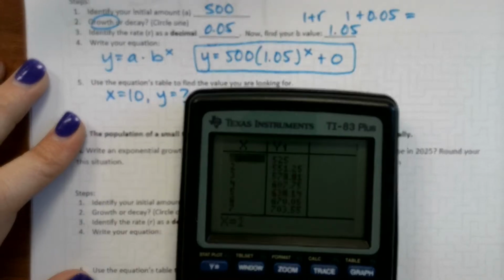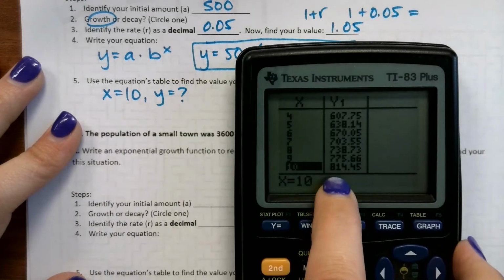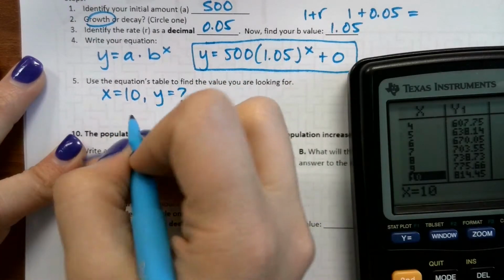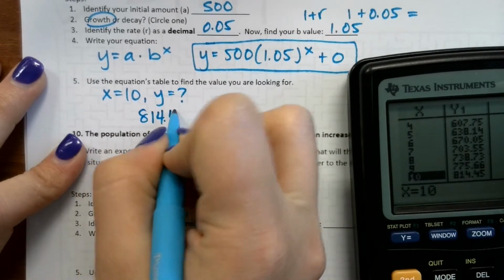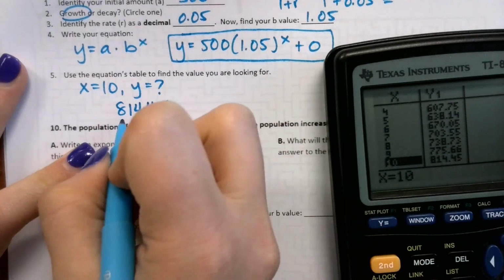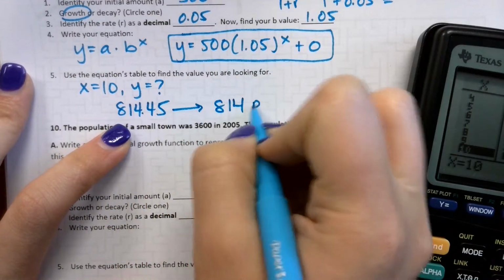Table of values, when x is 10, y equals 814.45. Now, if we're talking about people here, it makes more sense to have a whole number. This is closer to 814 people.